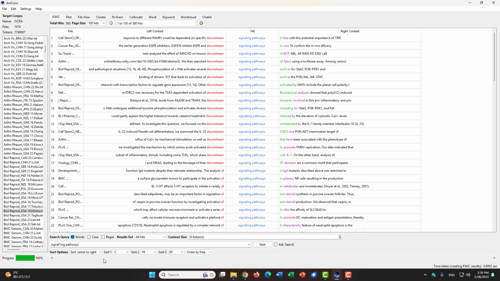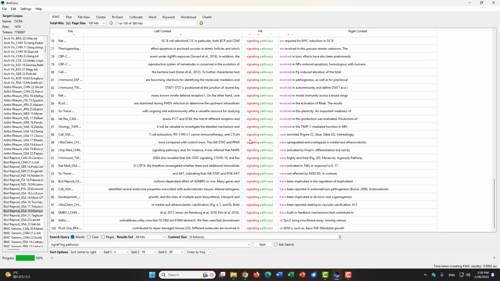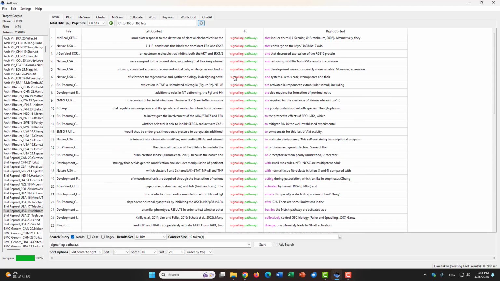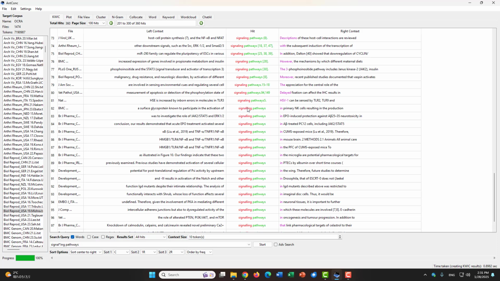If I sort center to right and push start, now signaling with 1 L is going to take all of that data, and I would have to jump to the end here to now find all of the double L's, because remember there was only 80 hits of signaling with 2 L's and 280 hits with 1 L. So if I was really curious, I could see, here's where the most frequent double L signaling pathways are, with their most frequent 1 and 2 to the right co-locations.